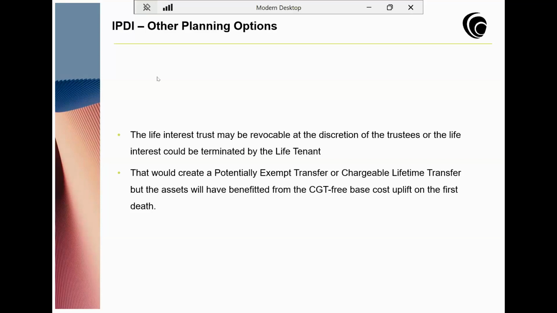So that's perhaps preferable to a lifetime transfer by the first to die, because it would avoid the capital gains tax charge. Yet the trust and the ability to revoke it means that the first spouse to die can be sure that the assets will pass where he or she wants them to.